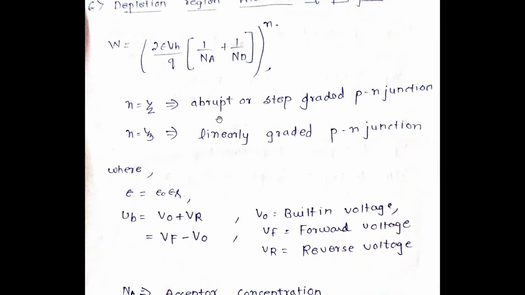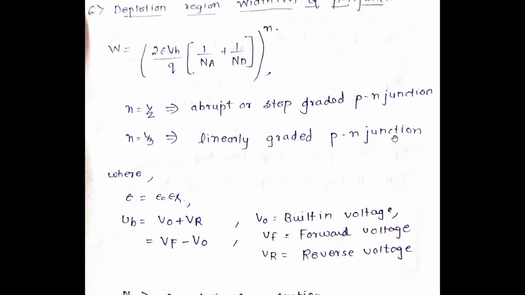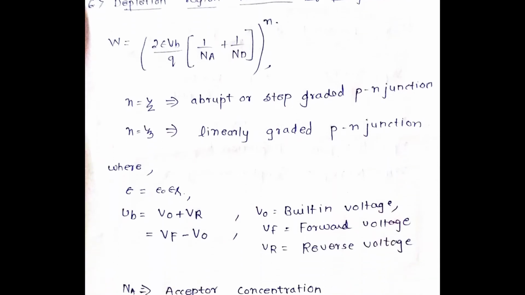Half is for an abrupt or step graded PN junction, and 1 by 3 is for a linearly graded PN junction. I repeat myself: the depletion region width is given as 2 into epsilon into Vb upon Q into 1 by Na plus 1 by Nd, the whole raised to n, where n is equal to half for a step graded PN junction and n is equal to 1 by 3 for a linearly graded PN junction.